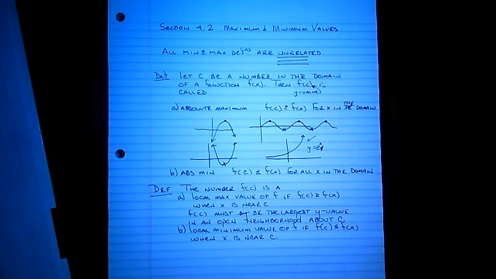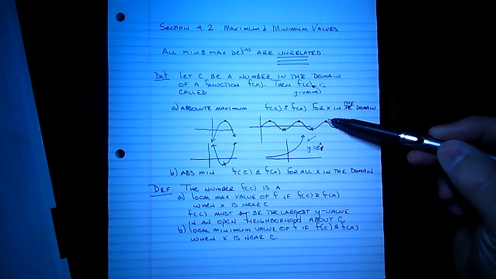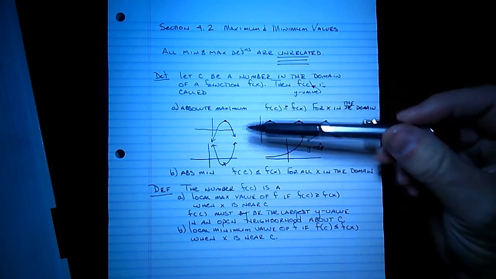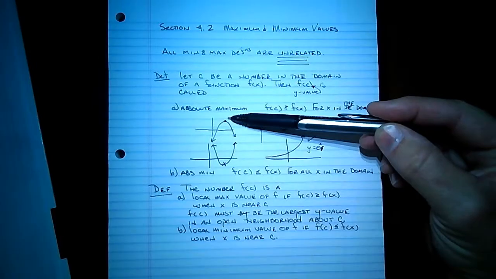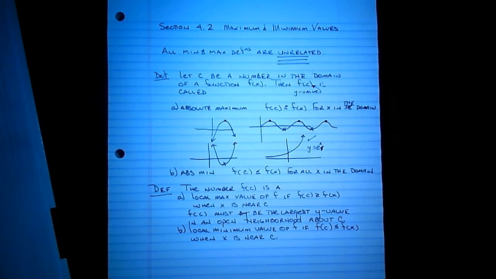As it turns out, each of these absolute maximums turns out to be a local maximum. Over here, this absolute maximum turns out to be a local maximum. So at this point, I'm just going to draw a lot of graphs and do my best to get you to come to grips with what we mean by these definitions.